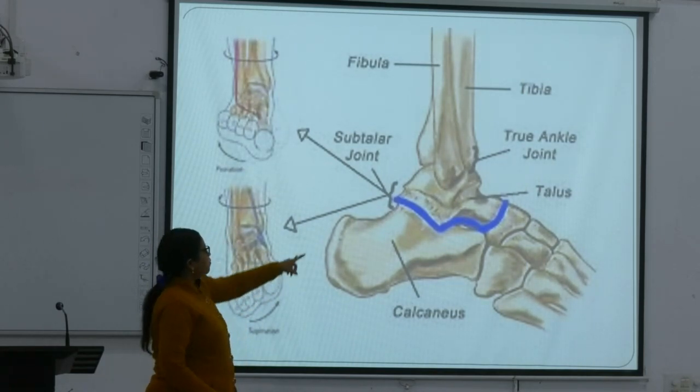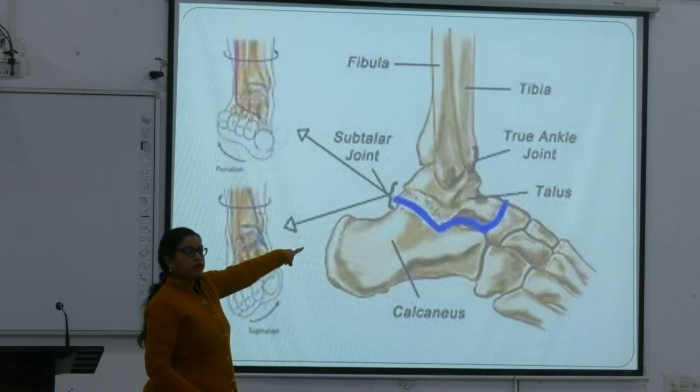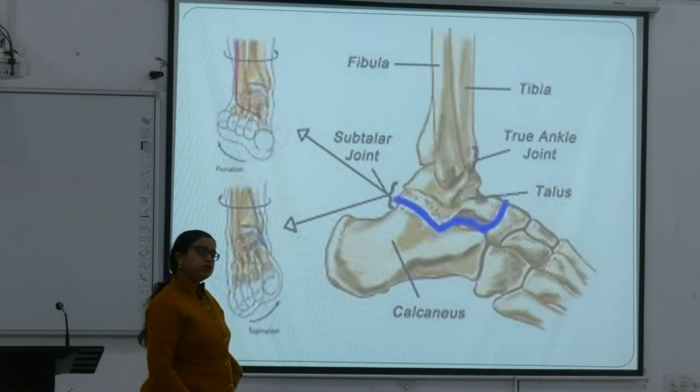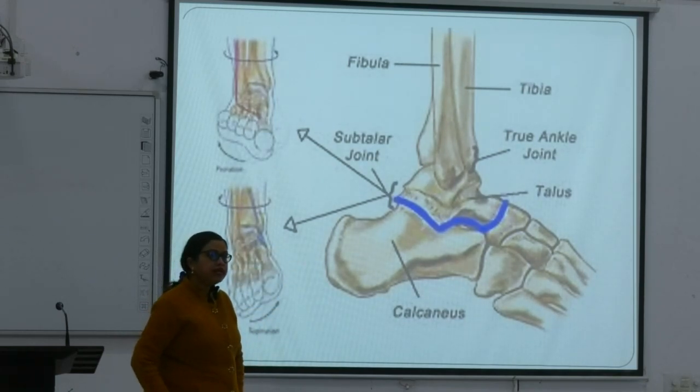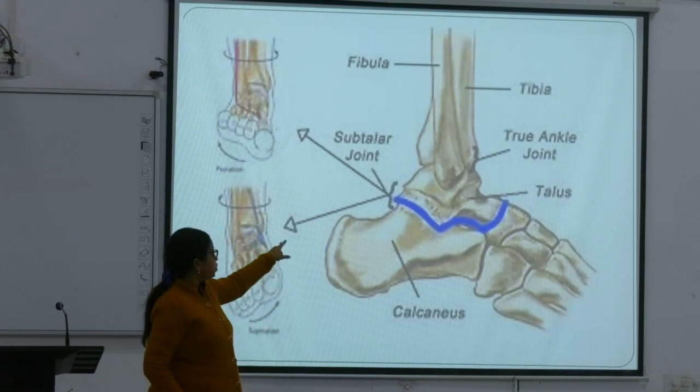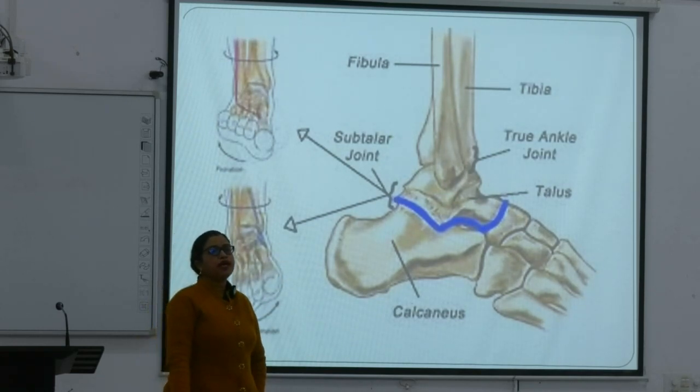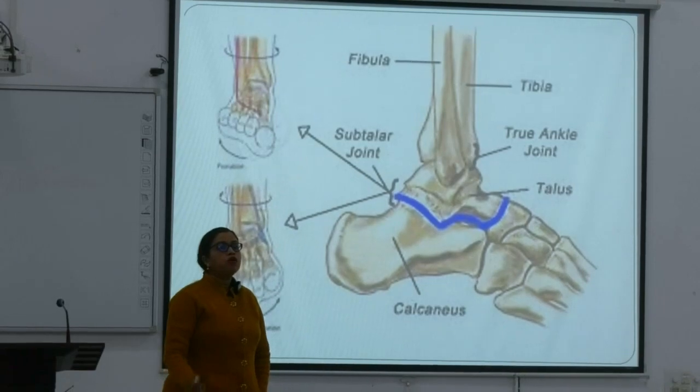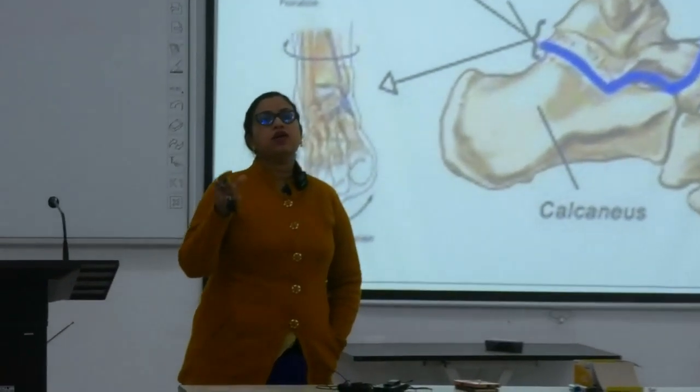Okay. Now see from anterior to posterior side. First one you are getting is the anterior talocalcaneal joint. The middle one is known as the middle talocalcaneal joint, and posterior is known as the posterior talocalcaneal joint. So now I will tell what is the nature of these three joints.